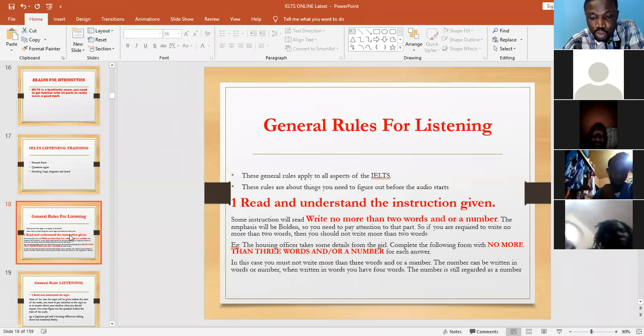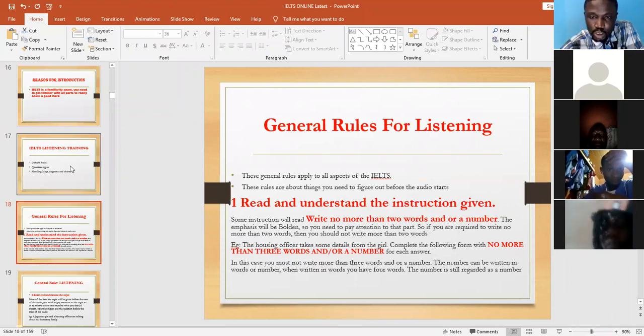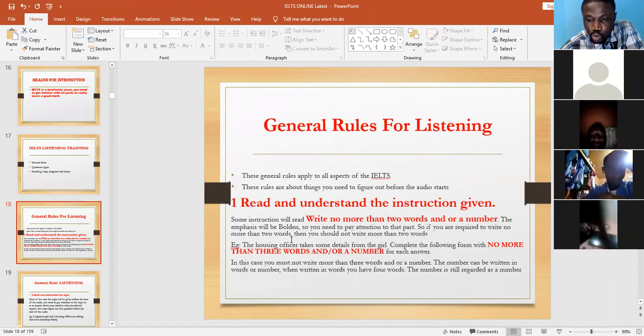So you need to understand the instruction. If they tell you write no more than 2 words or a number, one thing you need to do in particular is that you do not write more than 2 words. If it's going to be a third word, then it must be a number, when the instruction says 2 words and or a number.